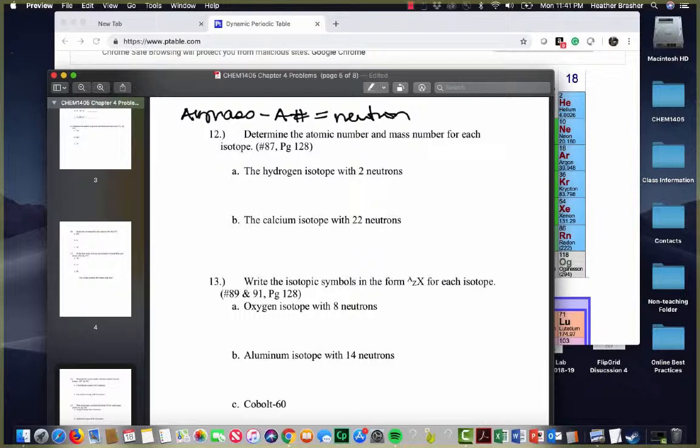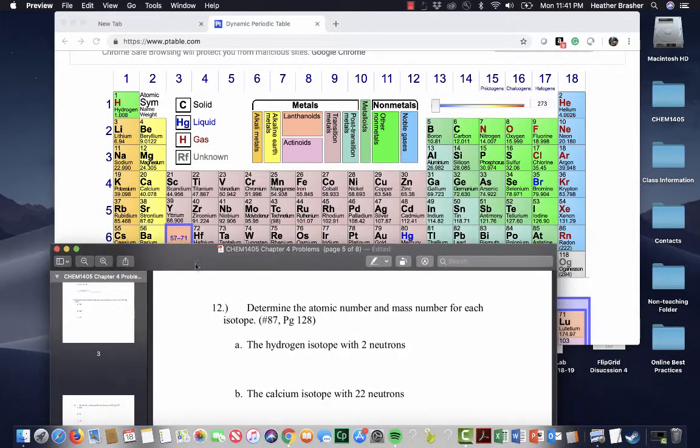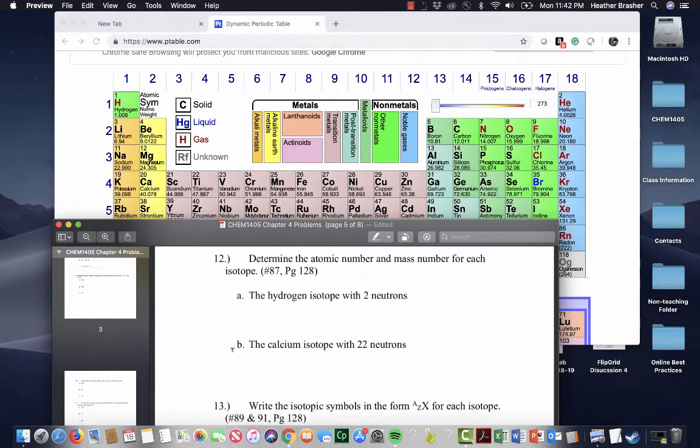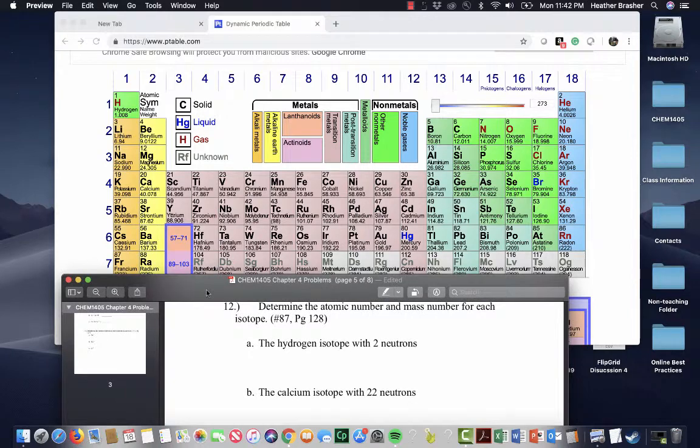Let me get in my book here. So let me move this down a little bit so that we can look again. Have you seen a trend? We are constantly using our periodic table.